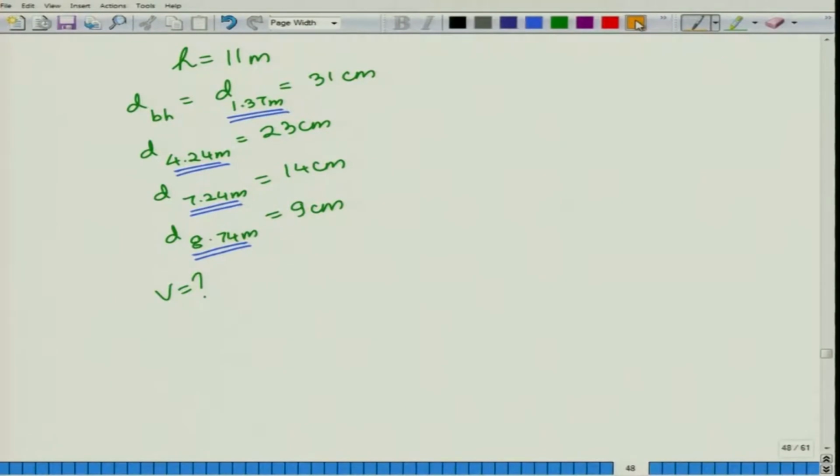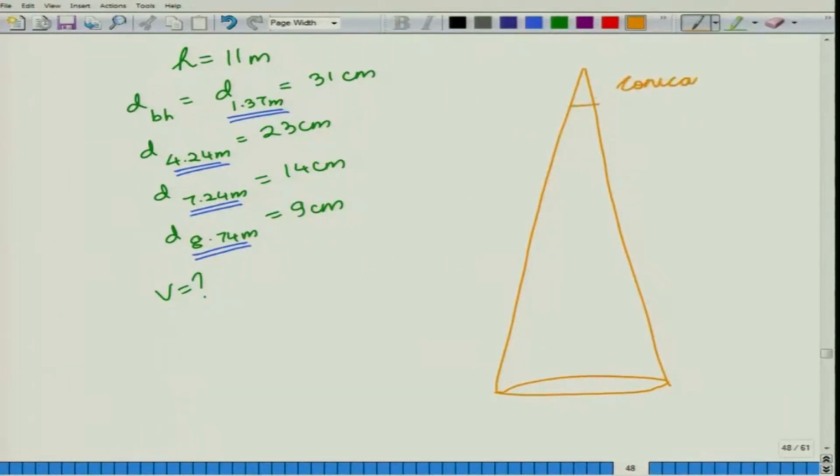So, to understand that, let us make a tree. As we know, the topmost portion is going to be conical, and in any case we are going to measure the dBH. So, these are two things that we know about a tree.